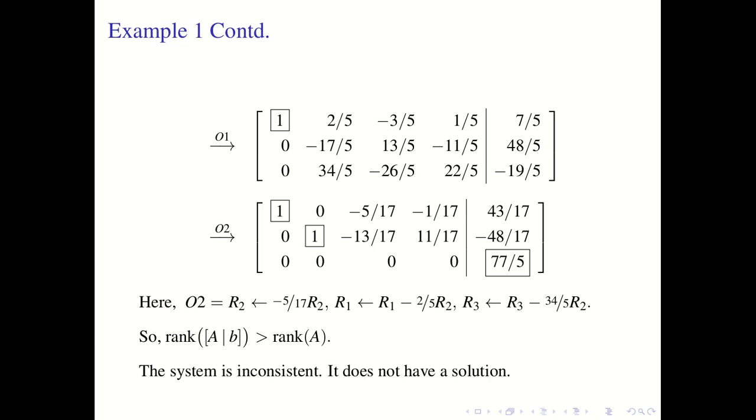So the number of pivots in this augmented matrix is 3, while if you look at the 3 by 4 matrix, that has only 2 pivots, which means the rank of A is 2 and the rank of A augmented with b is 3. Therefore the rank of A augmented b is strictly bigger than the rank of A, and the system is inconsistent.